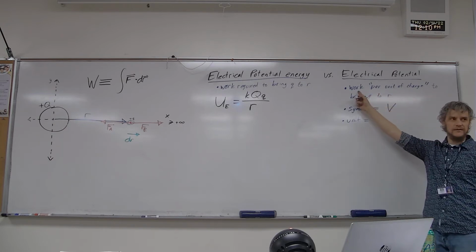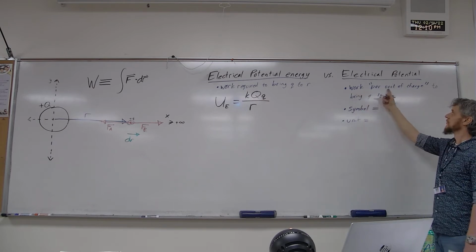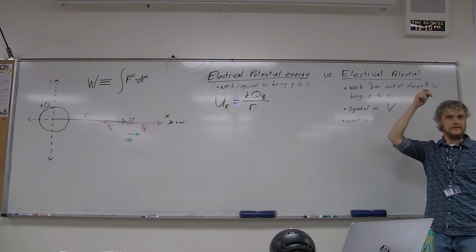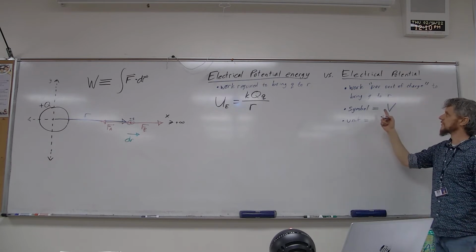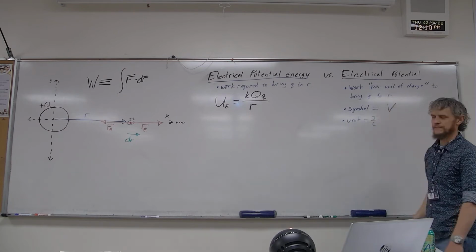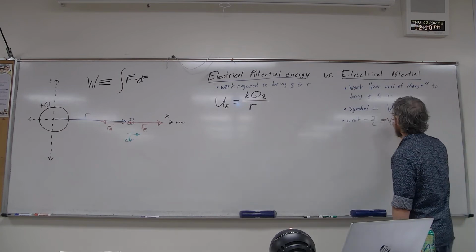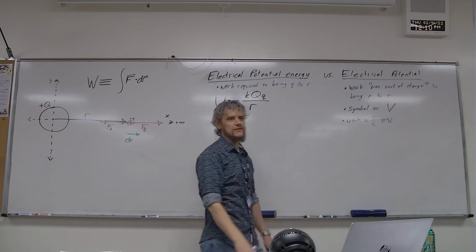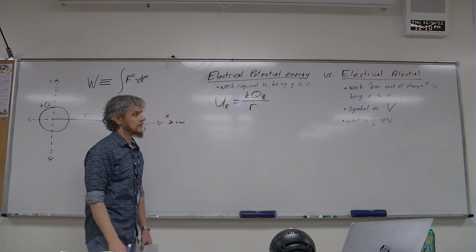What do we measure work in? Joules. What do we measure charge in? Coulombs. So what do we measure potential in? Joules per coulomb. Which is the volt. That's one definition of the volt. We can define volts with other units as well that we'll talk about later in the year. That's the volt.